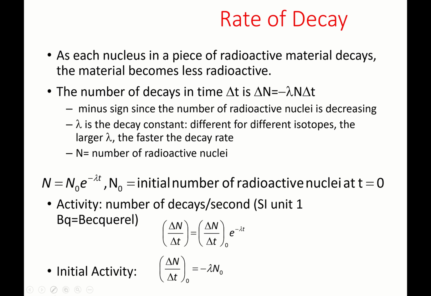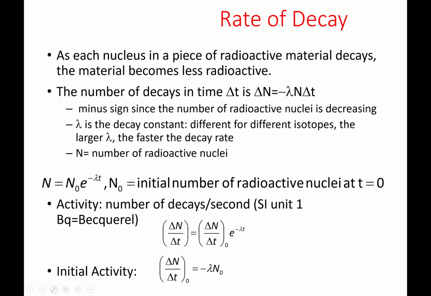So if I solve that problem using calculus, what I get is that the number of particles as a function of time is equal to N0, the initial number of nuclei at t equals 0, times e to the minus lambda t, where lambda is the decay constant.